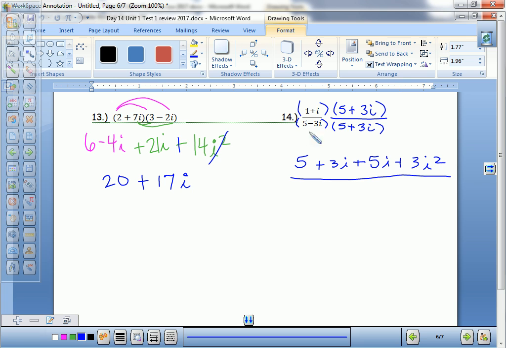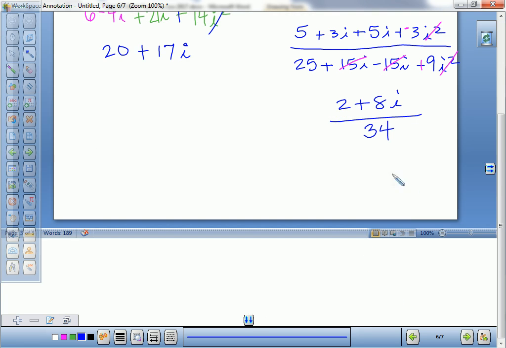We multiply the denominator, every time the outside and the inside are going to cancel when we multiply by the conjugate. These two are going to cancel. Now this i squared makes that a positive 9. This i squared makes that a negative 3. So my numerator simplifies to 2 plus 8i. My denominator simplifies to 25 plus 9, which is 34.